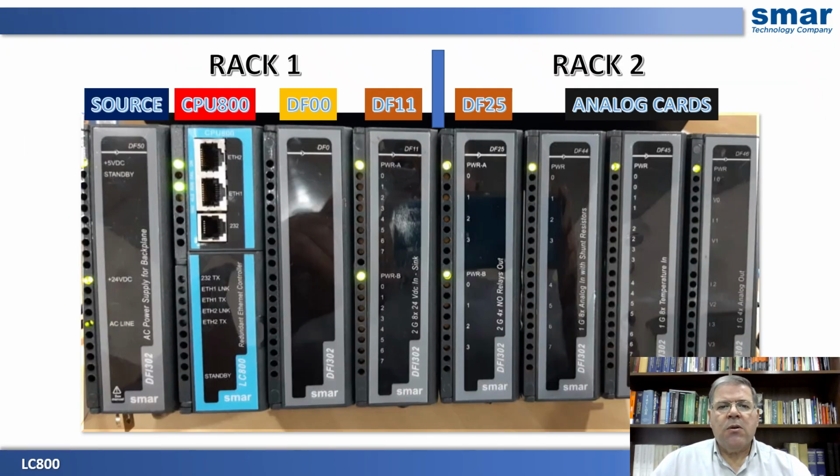Here we have the hardware used in our example. We have the following sequence: the power supply, the LC800 CPU, a blank card, a digital input card, a digital output card, and the analog cards.